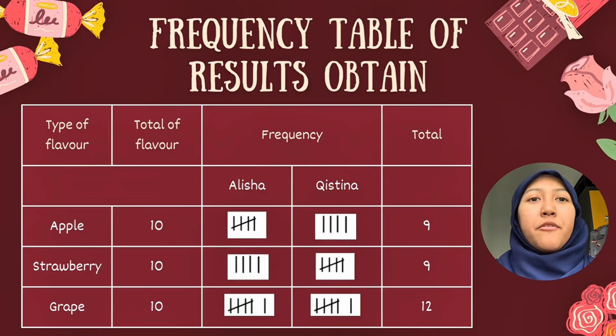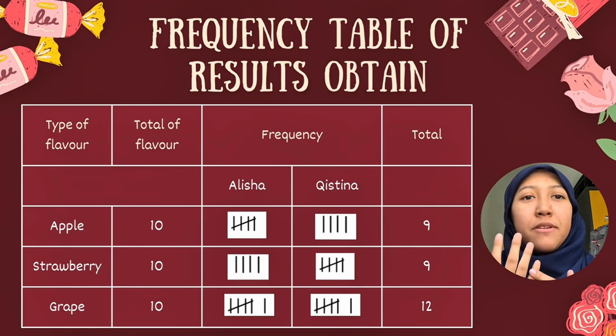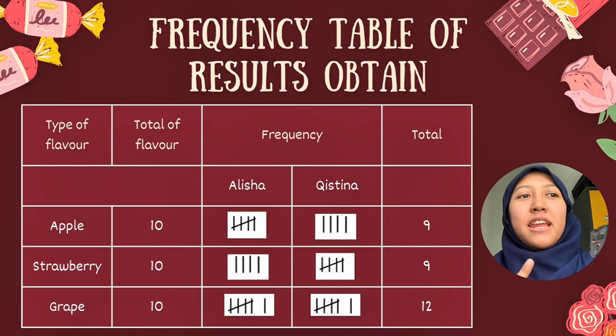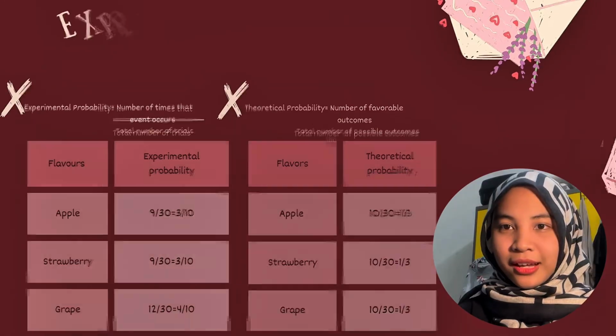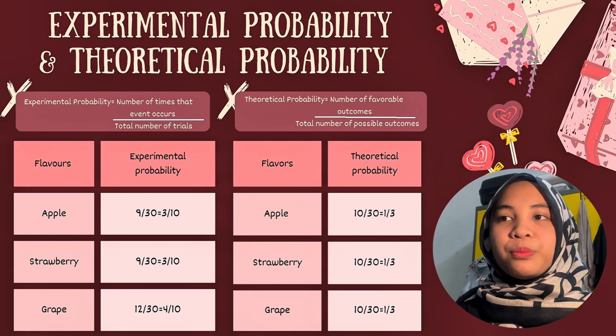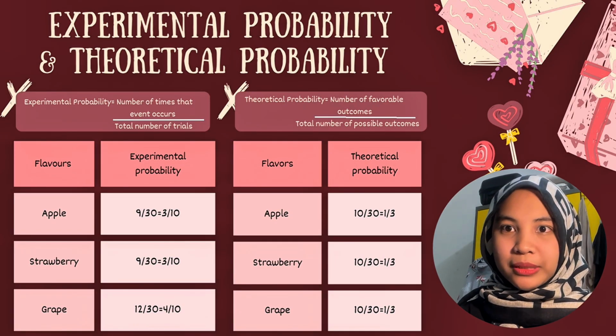Alicia obtained 5 apple flavored candies, 4 strawberry flavored candies, and 6 grape flavored candies. While Akis obtained 4 apple flavored candies, 5 strawberry flavored candies, and 6 grape flavored candies. The total frequency for apple and strawberry is 9 each. Meanwhile, grape is 12.